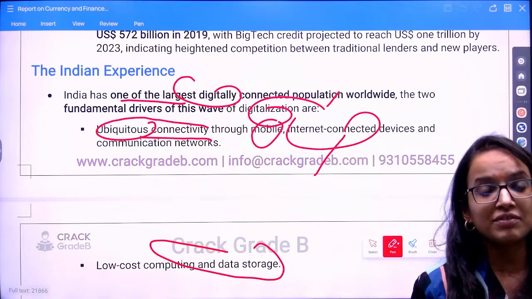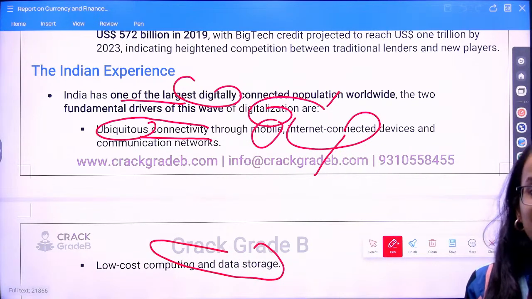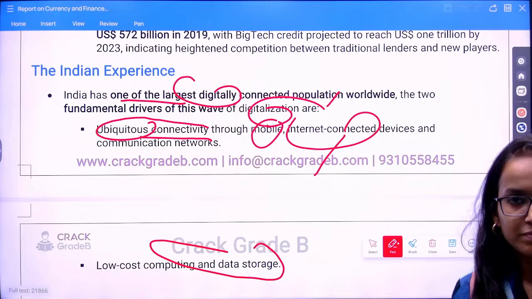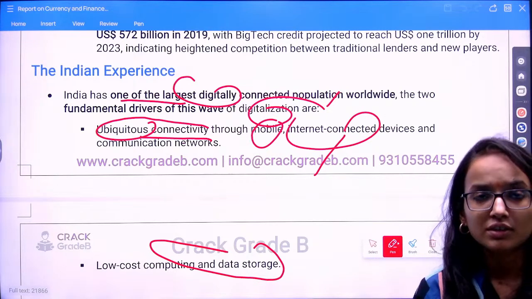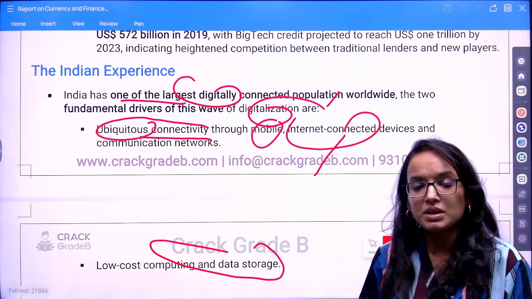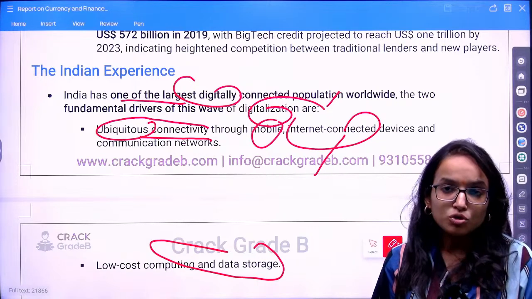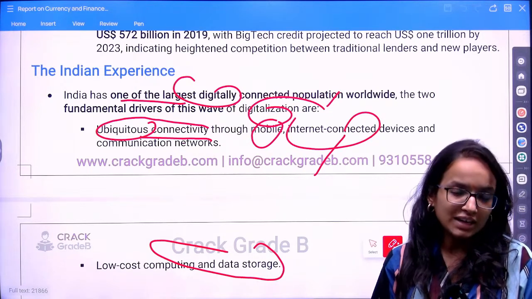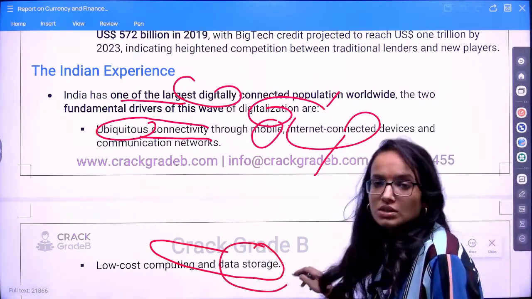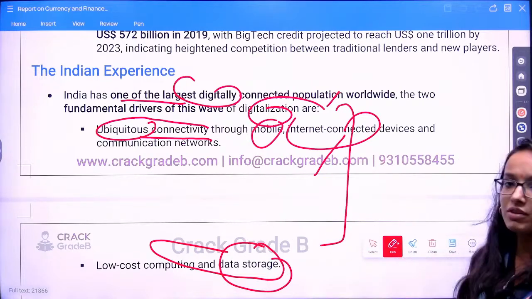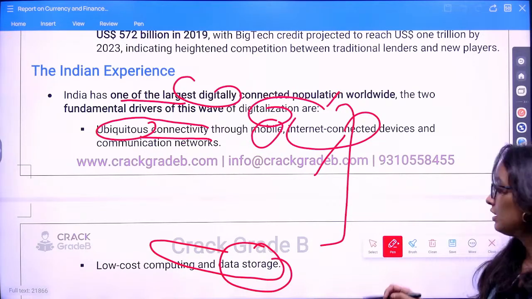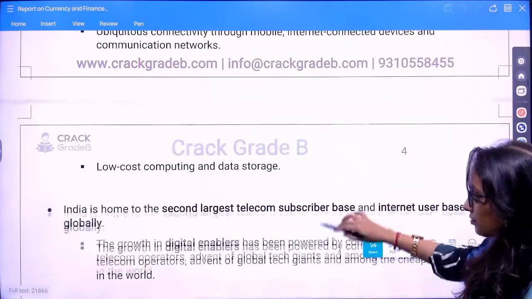As we have seen, the cost is around 13 rupees per GB of data consumed. So we have low cost data consumption and low cost data storage. That's why India has been one of the largest digitally connected countries, right?